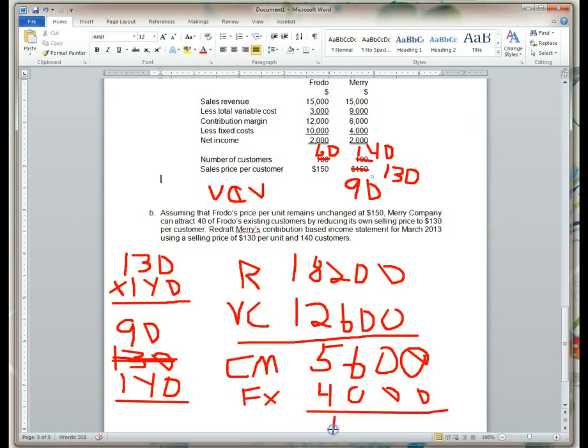Which means he's making a $1,600 profit. Which is okay. But remember, at the same sales level, Frodo is making a $4,000 profit. So making the same decision would be different. Frodo could undercut Merry, still be profitable, a lot more profitable.